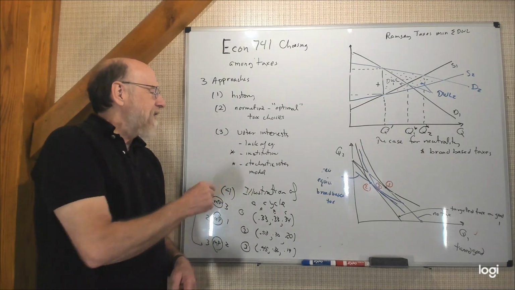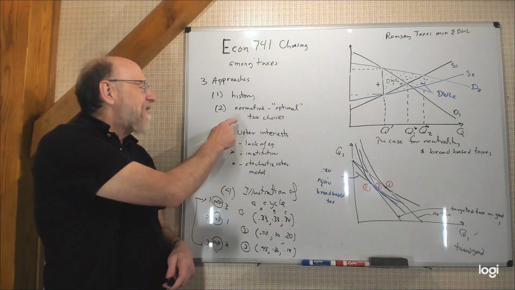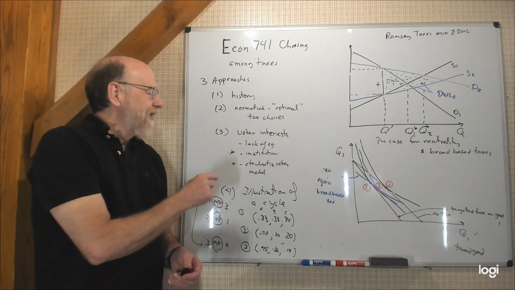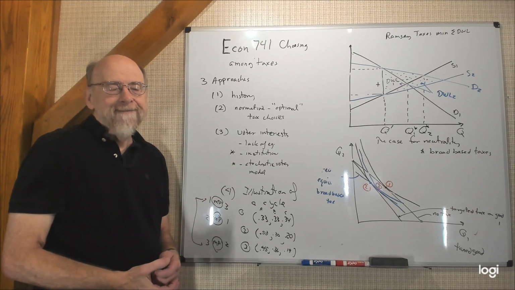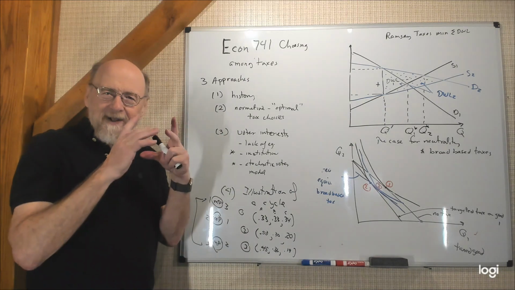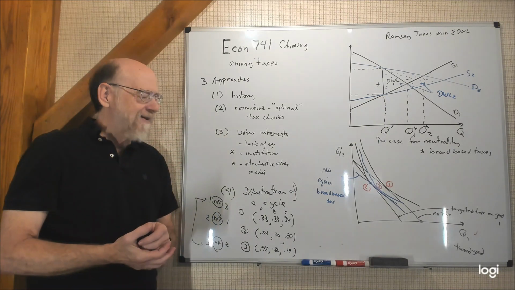So next time we're going to come back and talk about why normative interests might be one of the reasons why we avoid the cycling problem, or at least that the cycling problem is constrained to a relatively narrow subgroup of taxes.